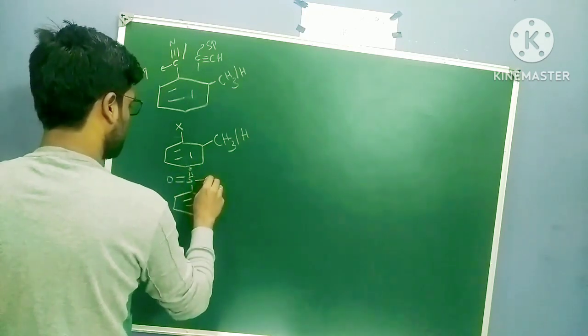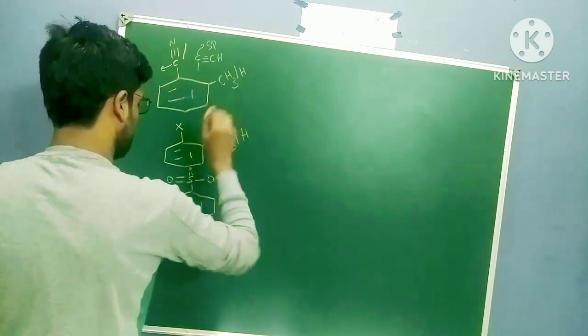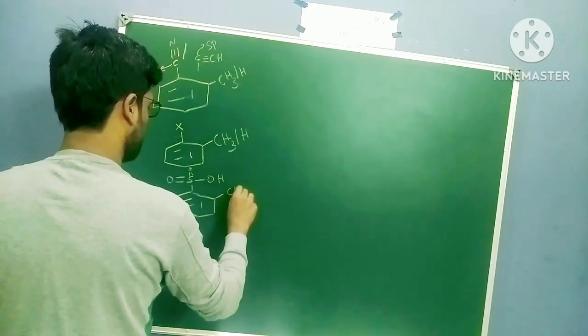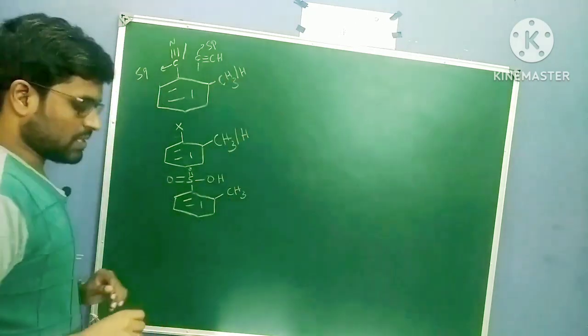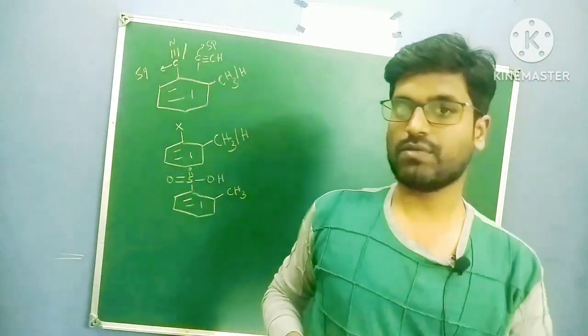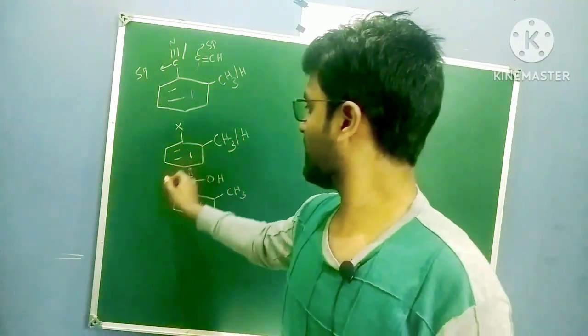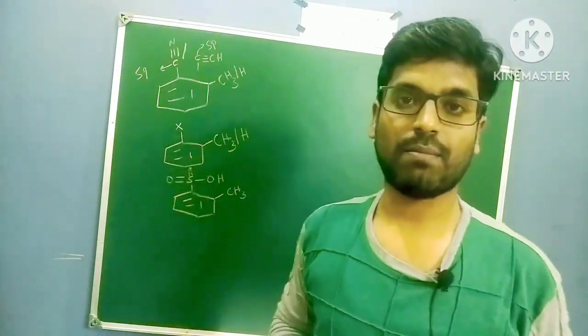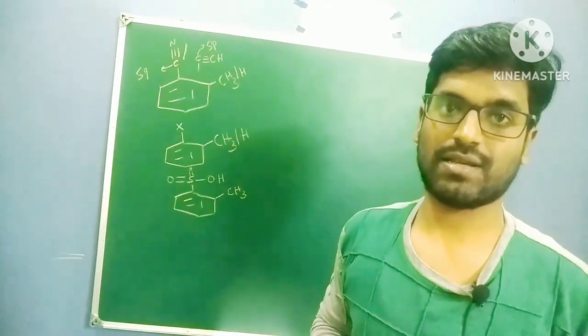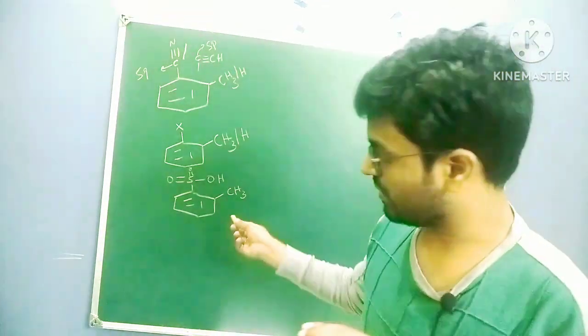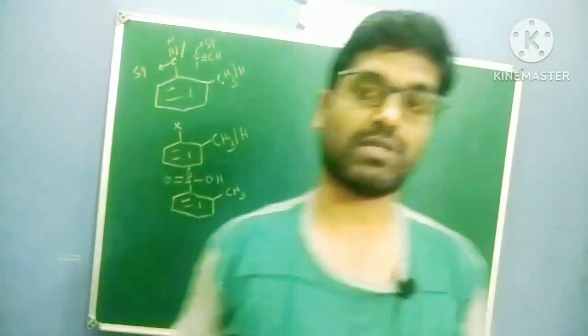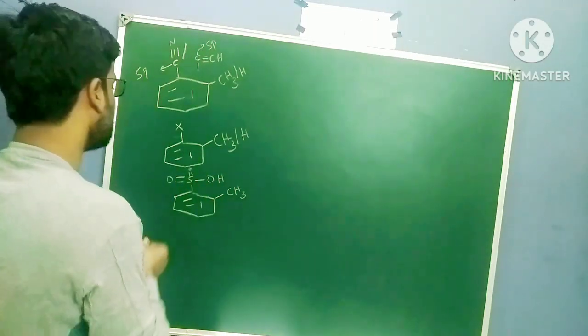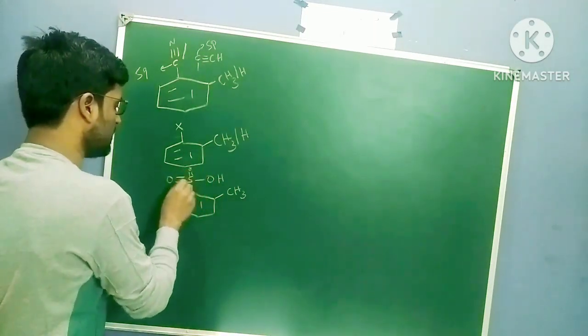Okay, next one. For suppose I have this one, a very important example, SO3H, right? Here CH3. If you observe, it is looking like a bulkier group. But in the actual sense, steric inhibition of resonance is not there here too. Why? What's the reason? Look, here 1, 2, 3, 4.